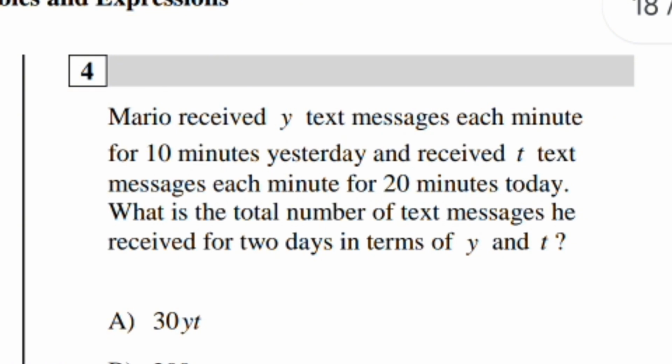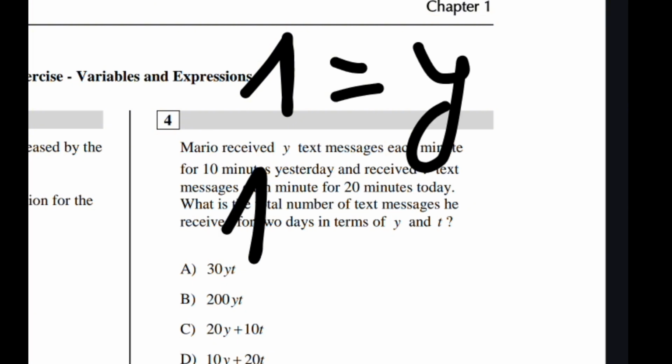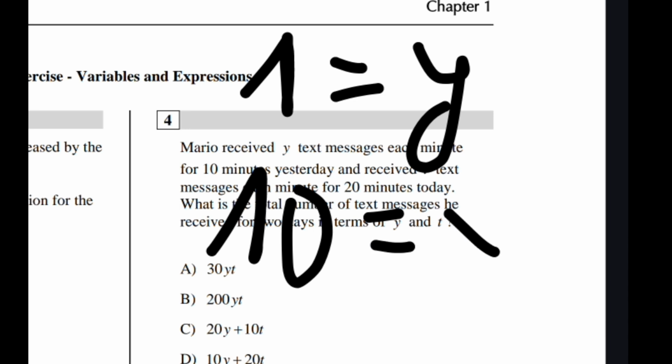Mario received y text messages each minute for 10 minutes. Every 1 minute Mario receives y text messages. For 10 minutes Mario will receive what? Let's say x text messages.